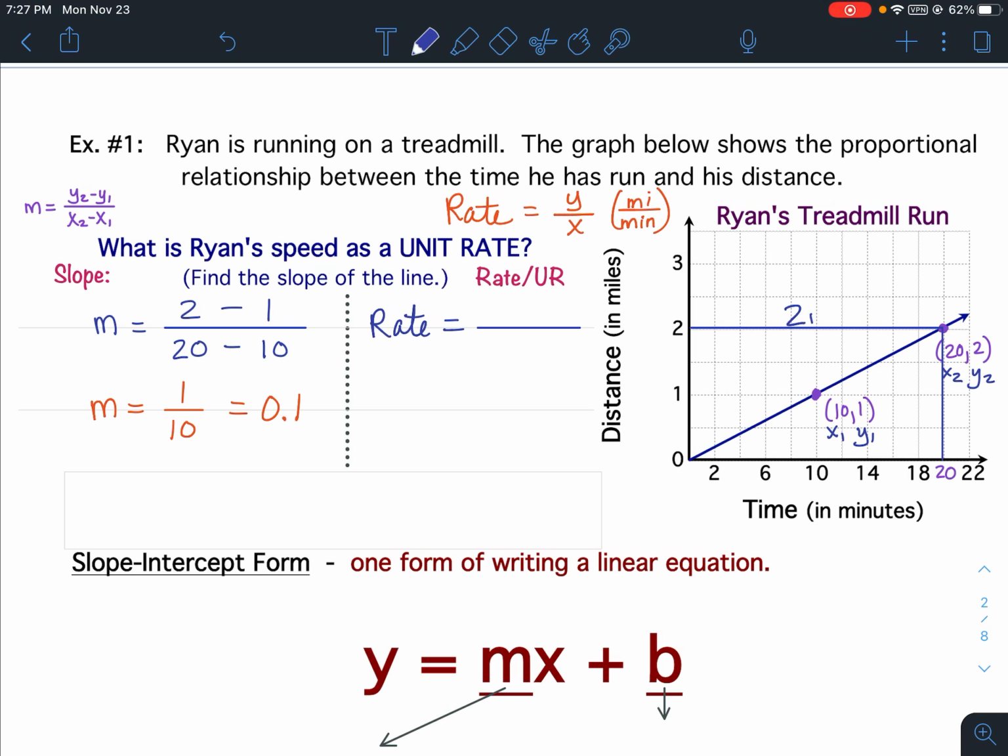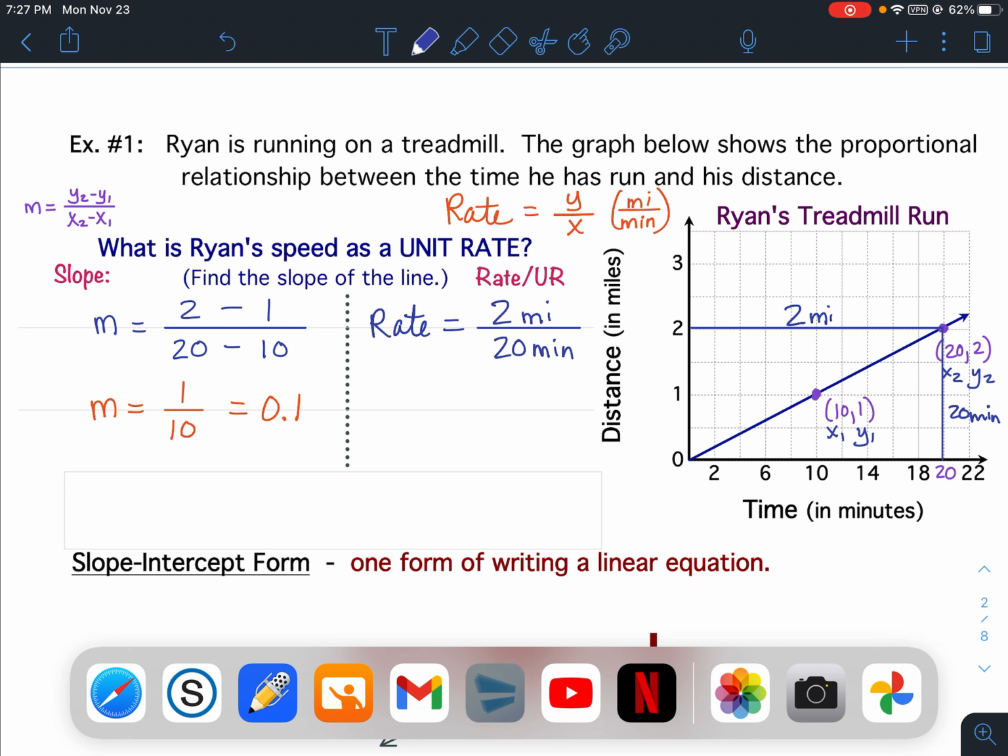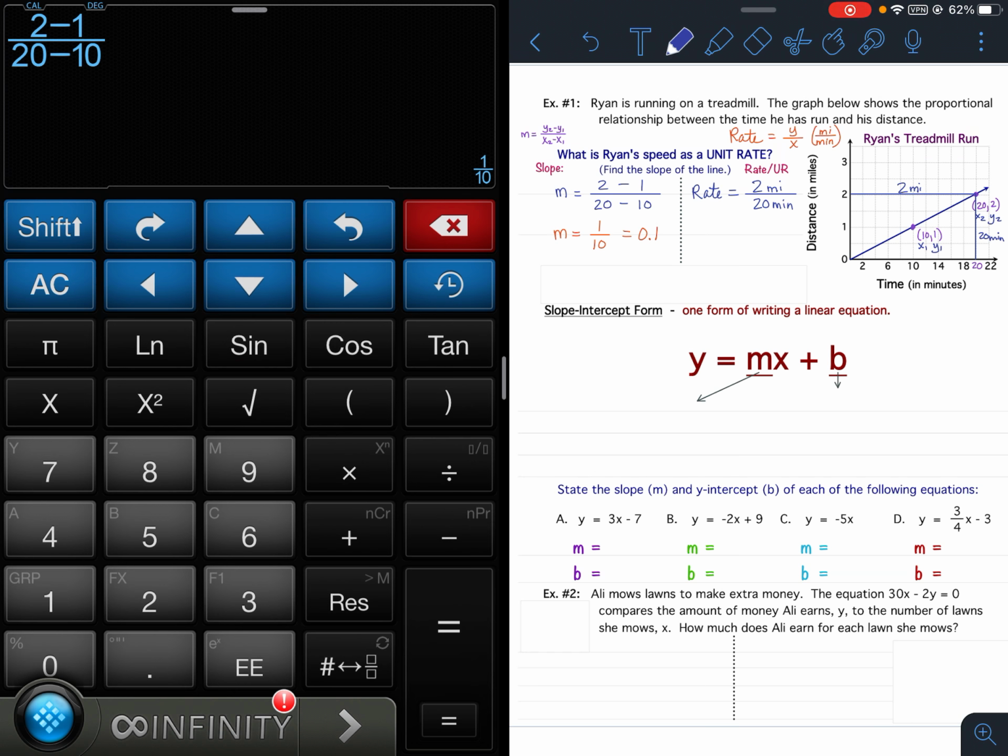So that would be 2 miles and 20 minutes. So my rate is 2 miles over 20 minutes. Remember, to go from a rate to unit rate, you divide. So it's simply 2 divided by 20, which is 0.1.